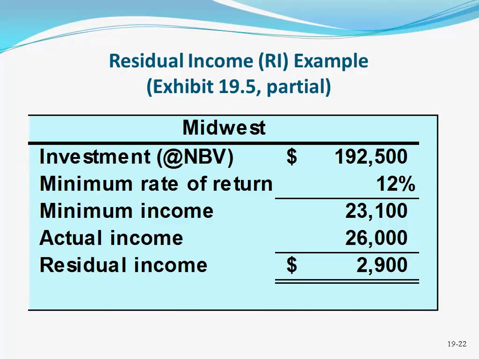Of course, if the residual income for any particular project is negative, you're going to reject it. Or if the residual income is negative for the whole region, you're going to start asking questions, because then the region is not contributing beyond what is minimally required, not contributing to profits beyond what is minimally required.